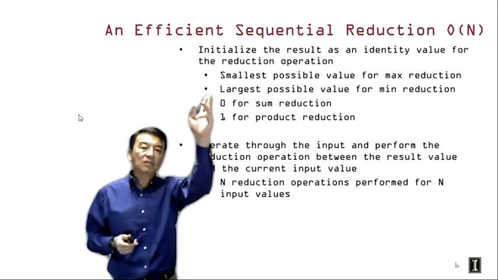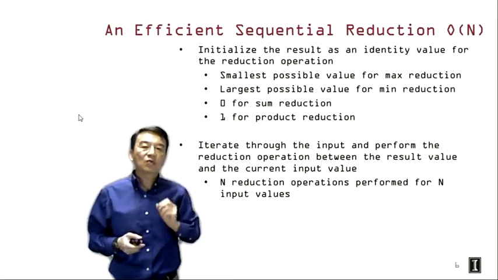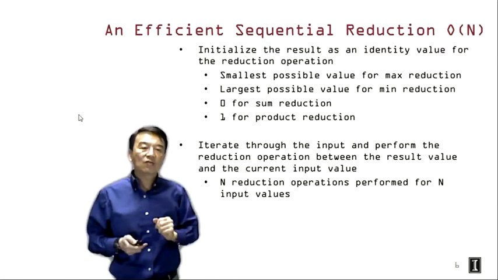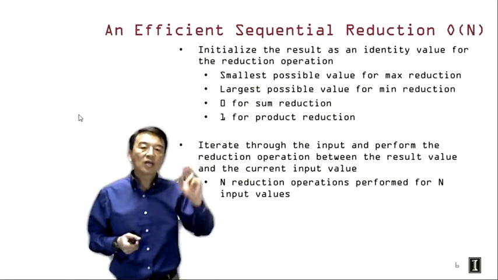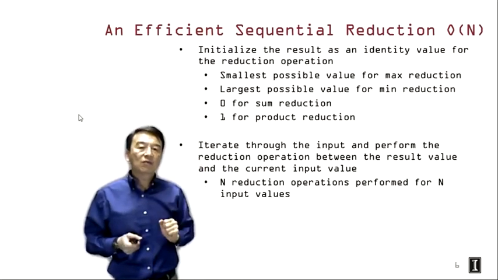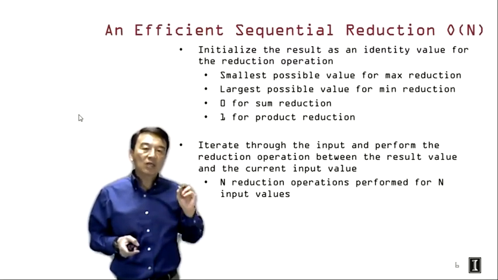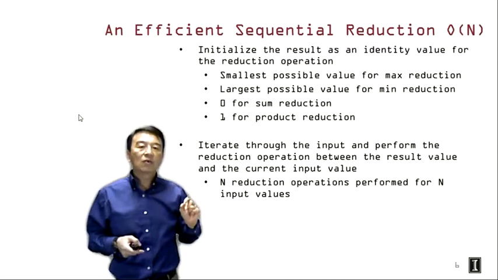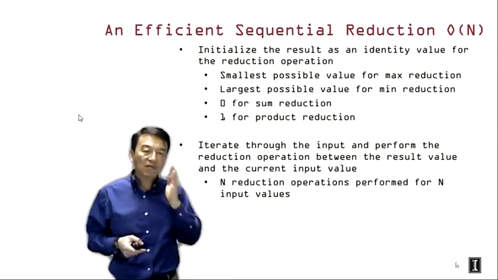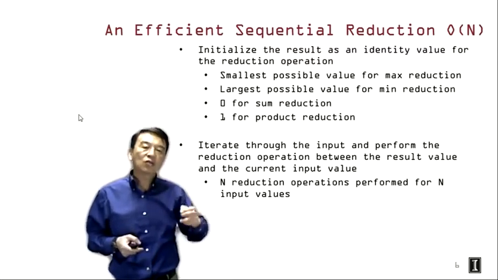It could be the smallest possible value for max reduction, the largest possible value for the data set for the min reduction, and 1 if we do a product reduction on that data set. And once we initialize the result, then we can iterate through all the input. We can visit each input value in an iterative manner.